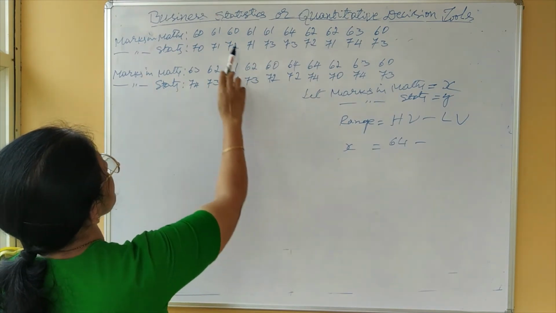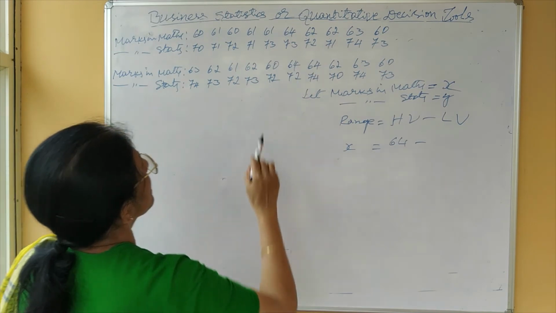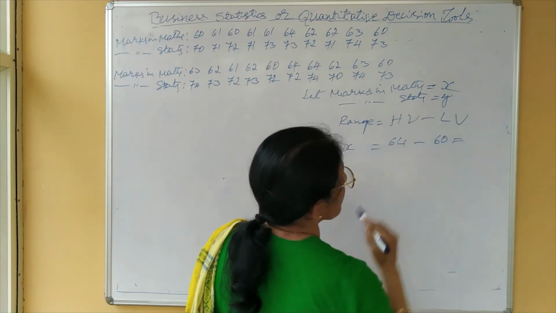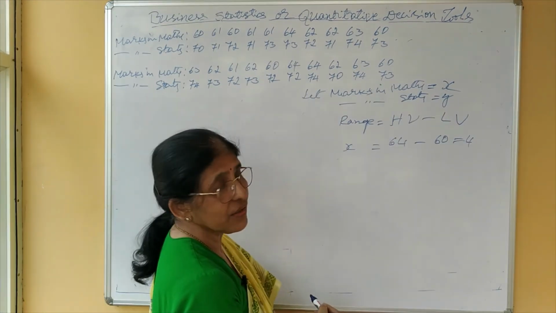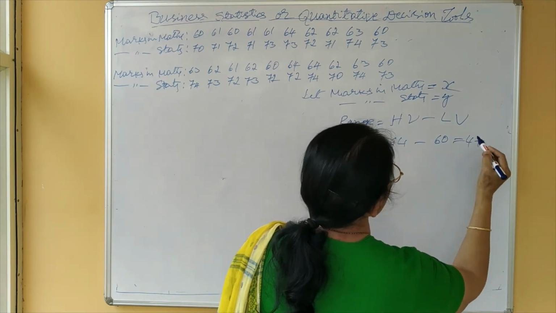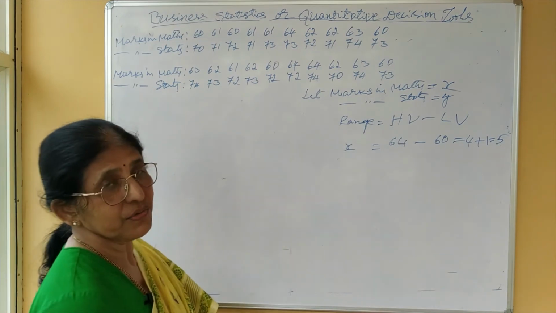Here lowest one is 60. Here 64 minus 60, mathematically it is 4. As I have told you, we have to start from the lowest value 60. Therefore, plus 1 means we have to take 5 values.